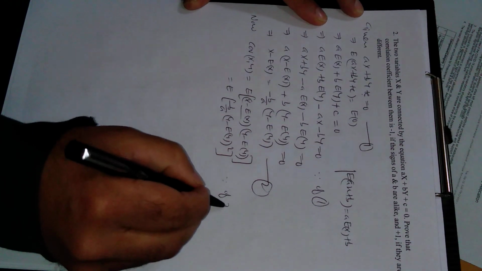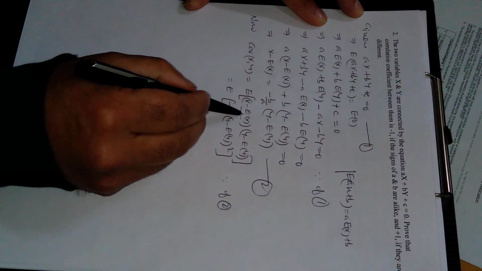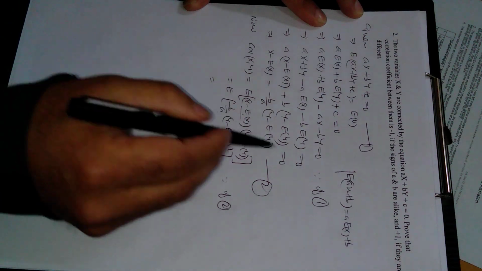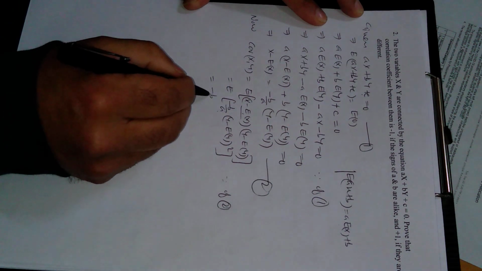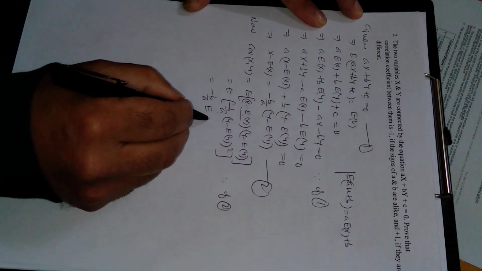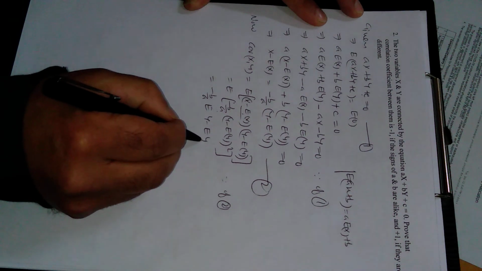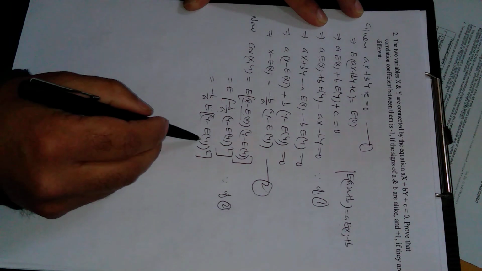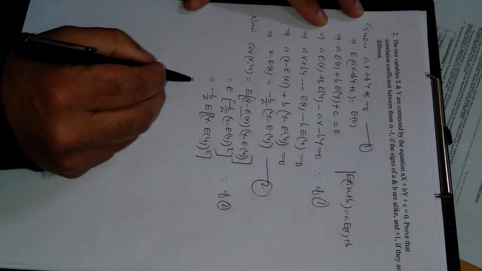Minus b upon a is constant, so because of this result, the rest is expected value of y minus E of y whole square.